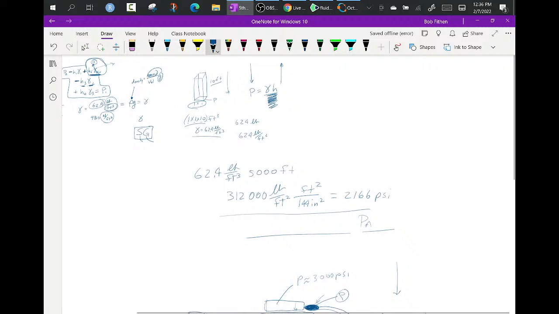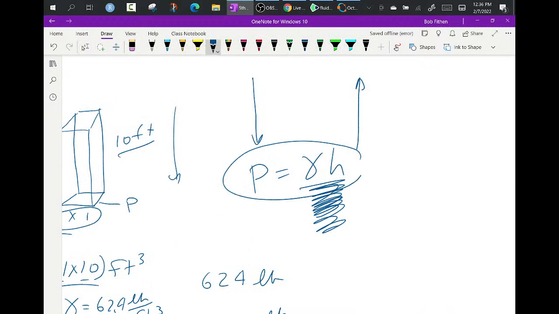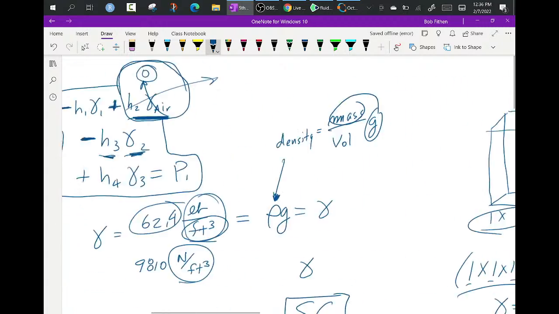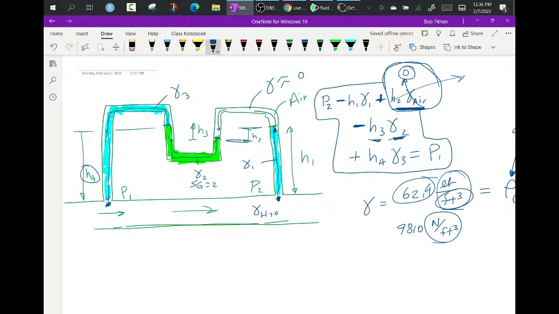So the big deal here is that's what you're using as you're doing these manometer problems. You're starting at a pressure, then you get less pressure as you go to here. Then through the air, nothing happens. Then you get more pressure as you go into here, but then suddenly you come up to right here, the same elevation there, and now you're getting less as you go up.